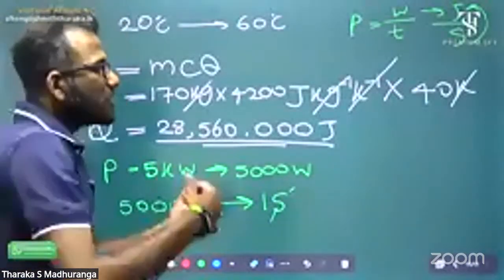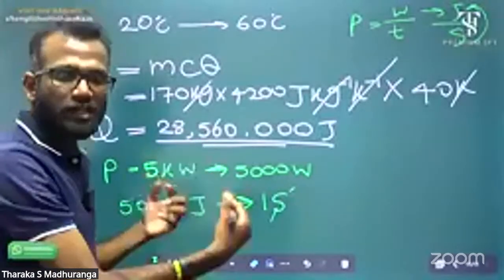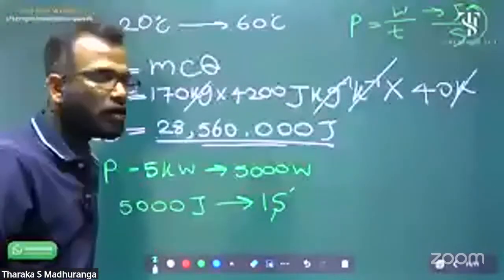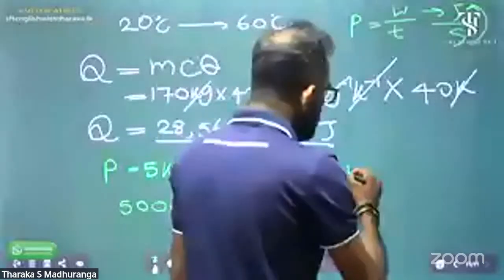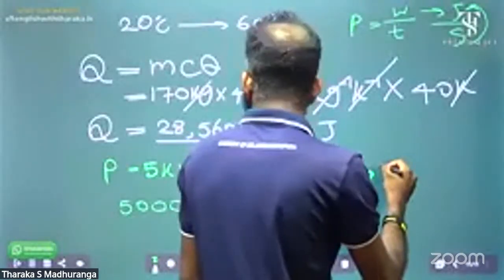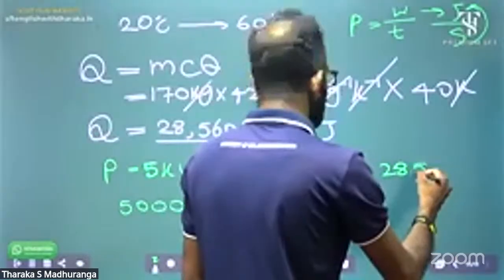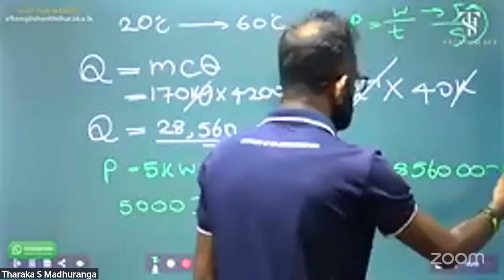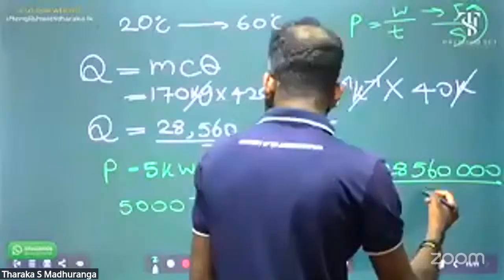Okay, now the question asks how many seconds are required for this amount. This time we can calculate 28,560 with 3 zeros divided by 5,000.